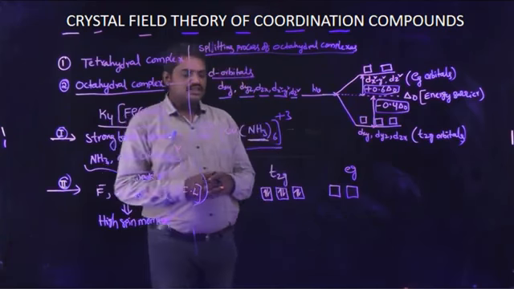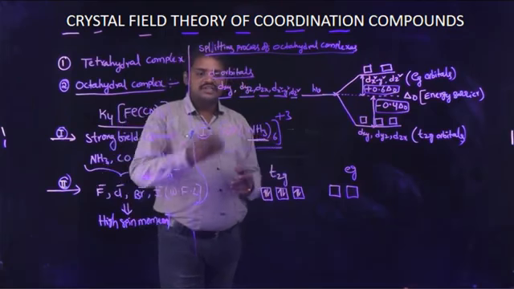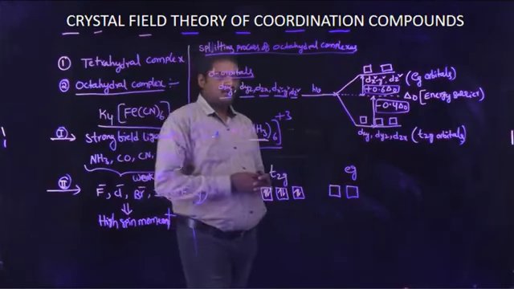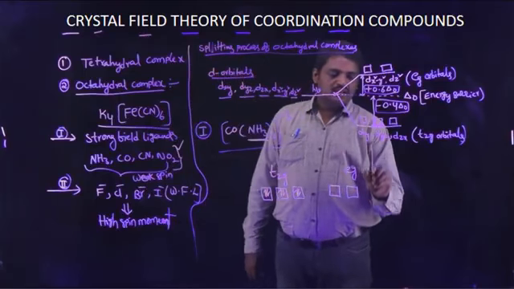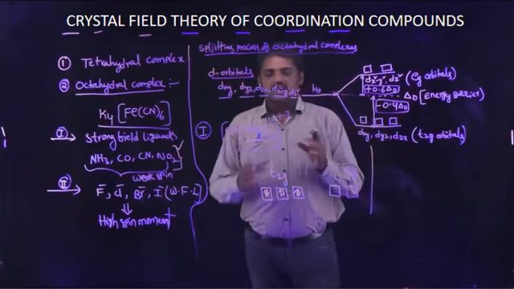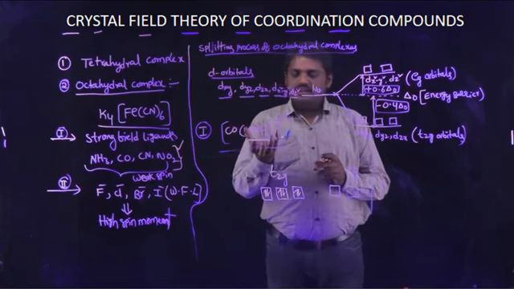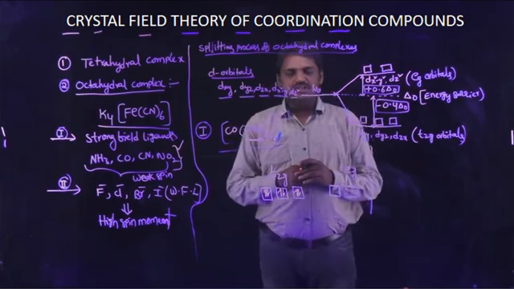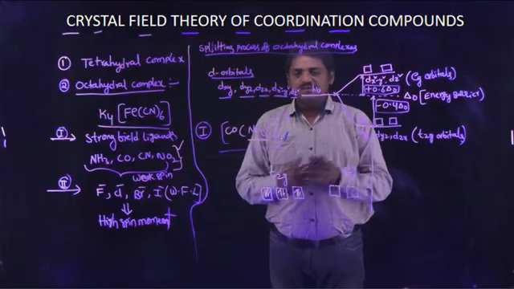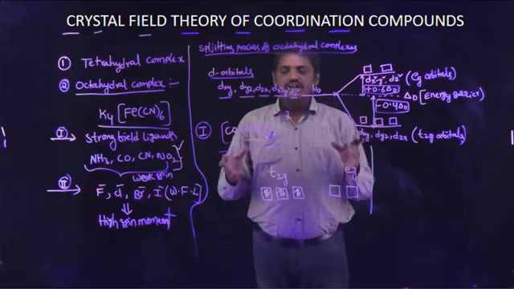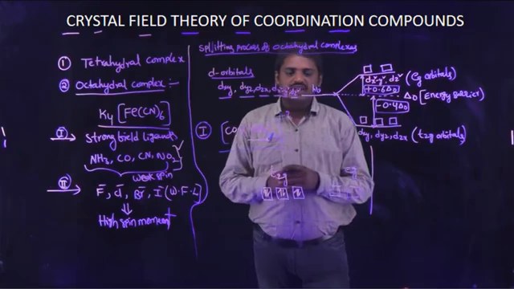Okay, students, now to calculate the crystal field splitting energy in this complex. In many competitive examinations, this concept is very important. The type of questions asked on this topic is to calculate the crystal field stabilization energy for the given coordination compound.